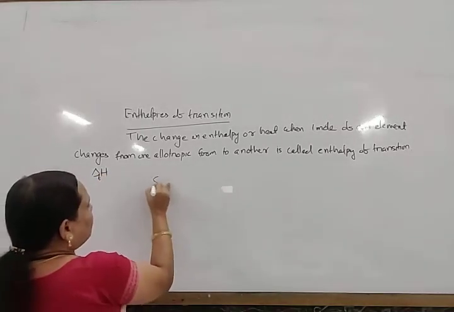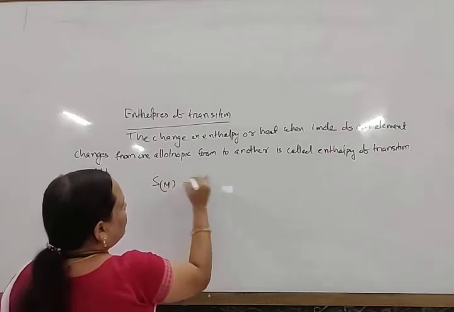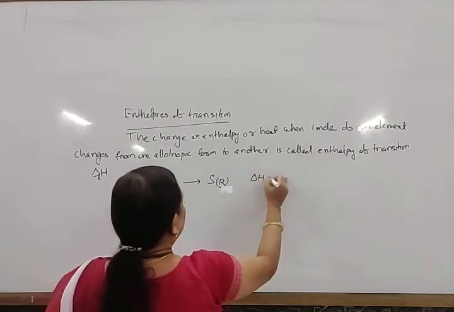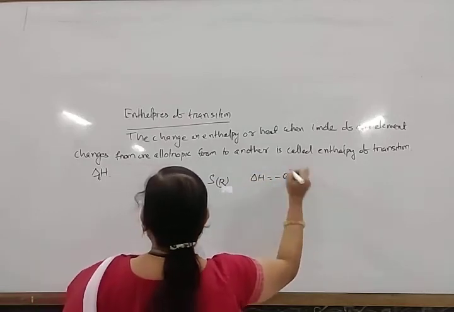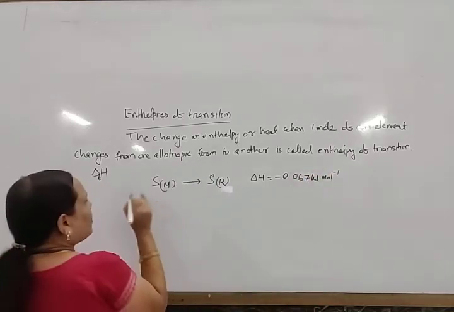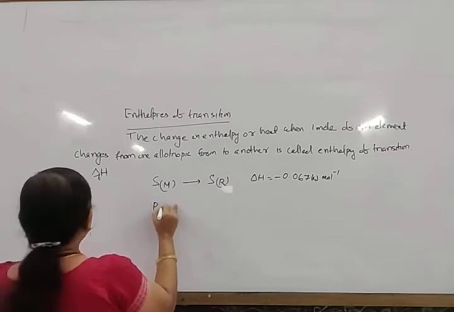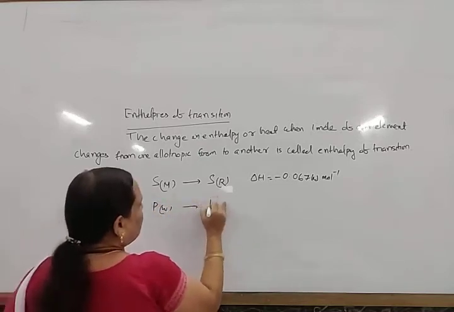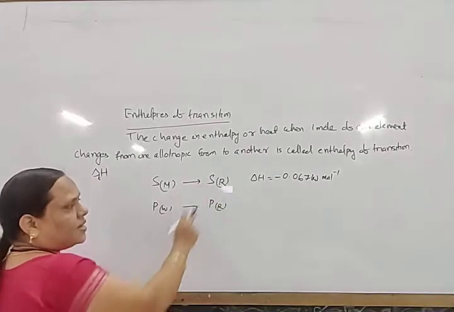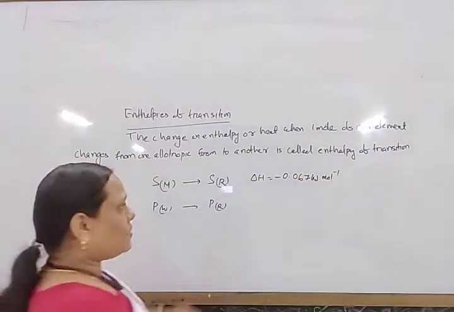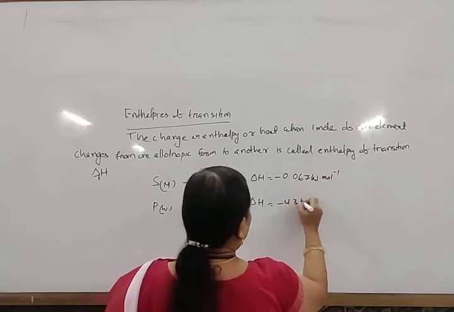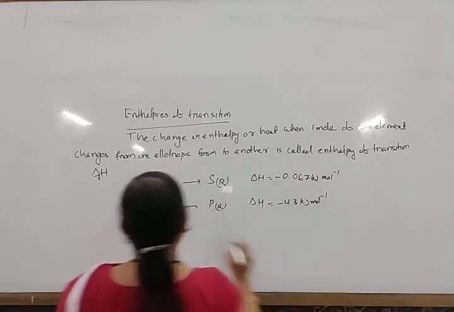For example, sulfur changing from monoclinic form to rhombic form, here ΔH is minus 0.067 kJ mol⁻¹. Similarly, white phosphorus converting to red phosphorus, here ΔH is equal to minus 4.3 kJ mol⁻¹.